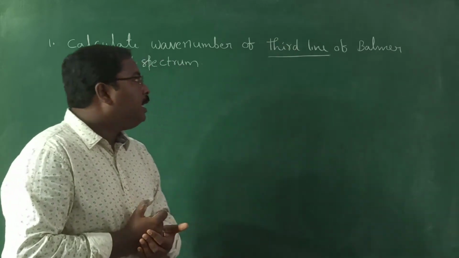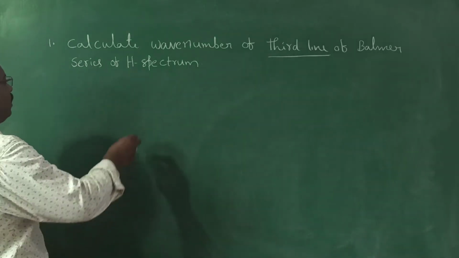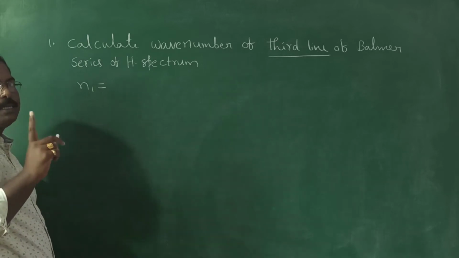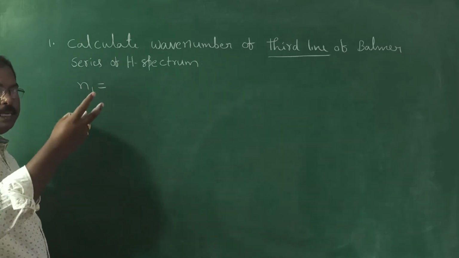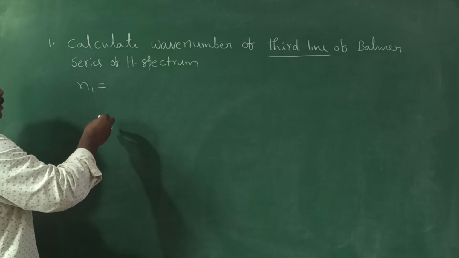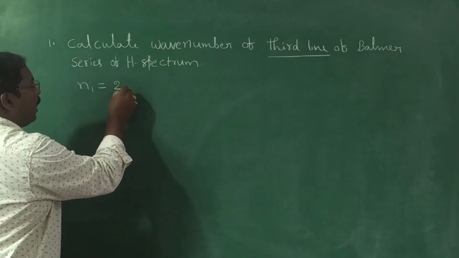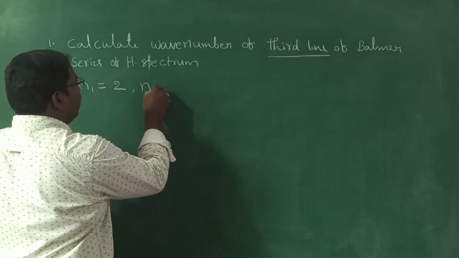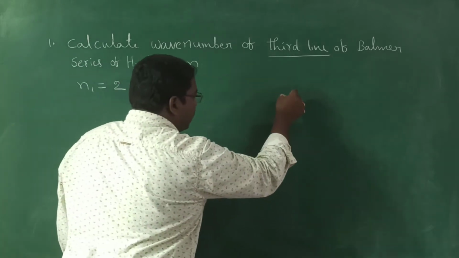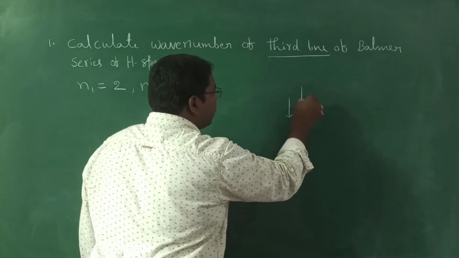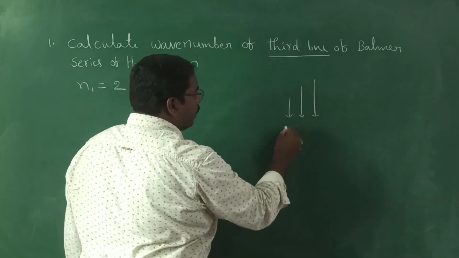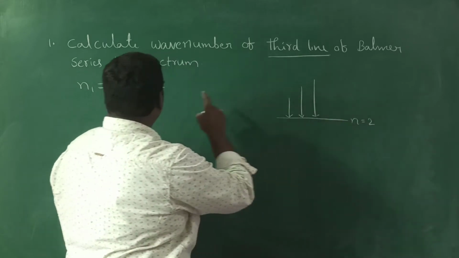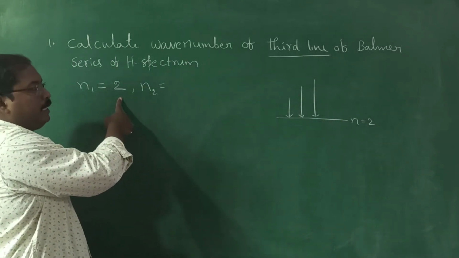Okay? So in case of Balmer series, once observe the table. Lyman means first series. Balmer series is the second one. So N1 value is 2. Now, what about N2 value? In any series of lines, all of these come to the second orbit because it is a Balmer series.